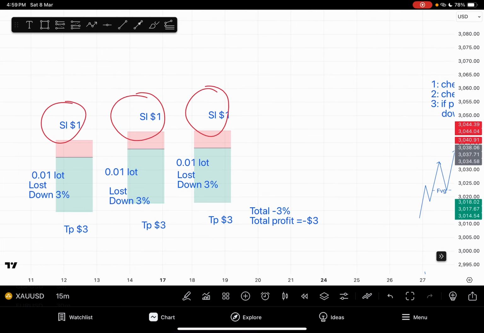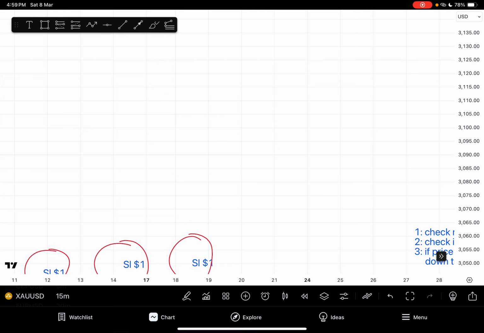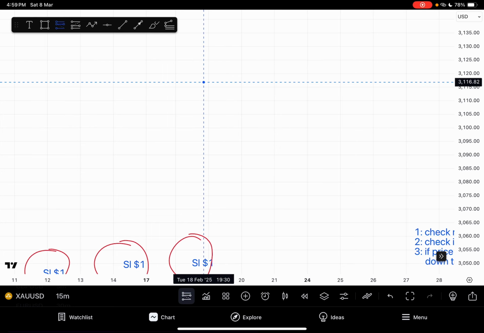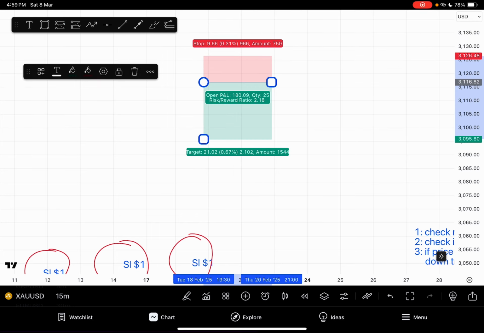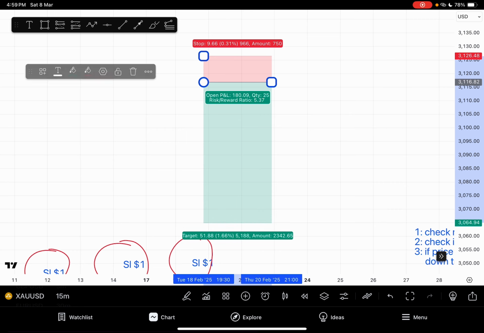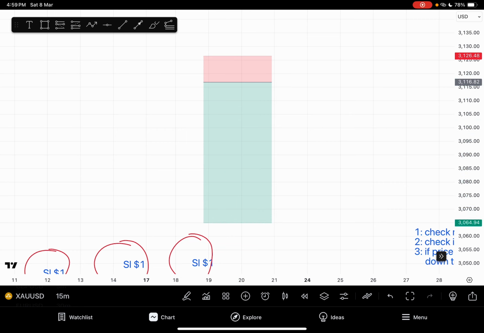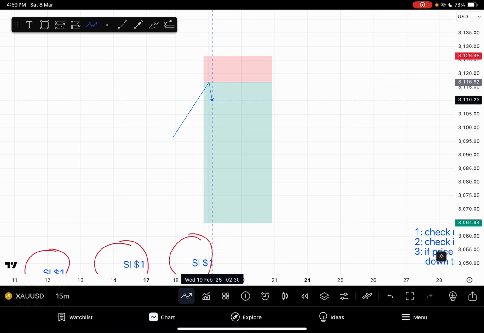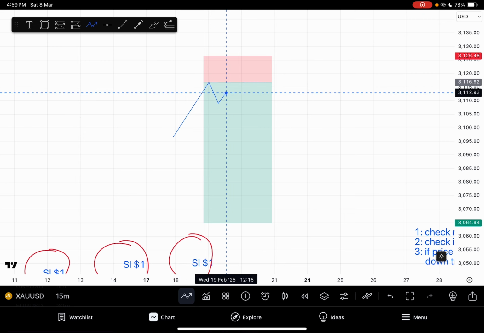And one thing you should note is that never add multiple positions to either a winning trade or a losing trade. So what I mean by that is, for example, you take a trade from here and your take profit was at this previous low, and let's say price moved from this point to tap into your point of interest, and price started moving in your favor.